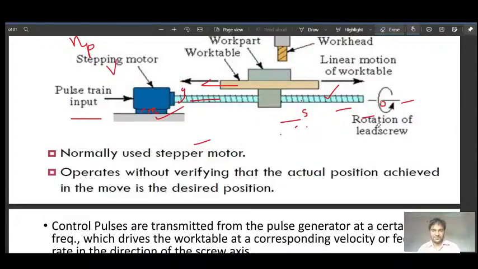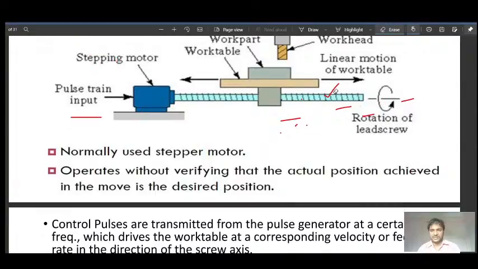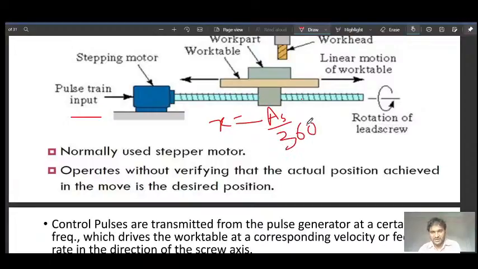So next step, what we have got, distance traveled by table. So we have x is equal to as by 360 degree number of turns, and we have multiplied with pitch value.